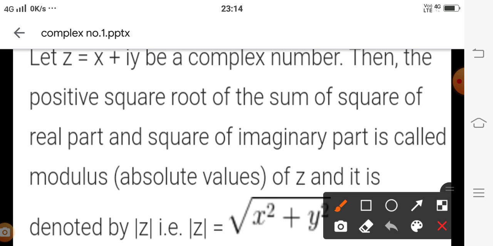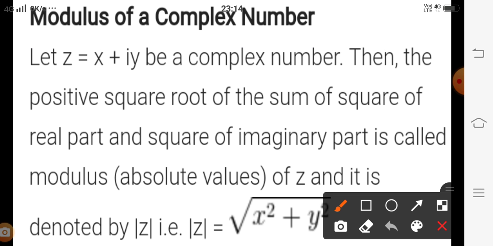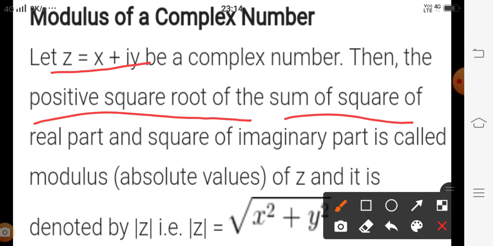Then the concept we are getting is the modulus of a complex number. If you are taking the complex number z as x plus iy, then the modulus is the positive square root of the sum of the square of the real part and the square of the imaginary part. The real part we are getting as x and the imaginary part we are getting as y.